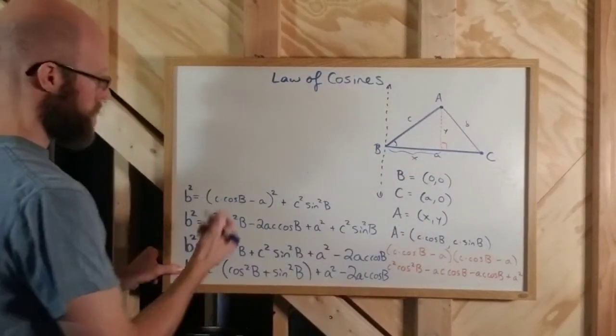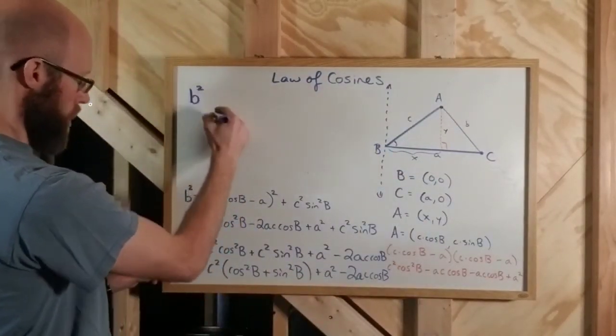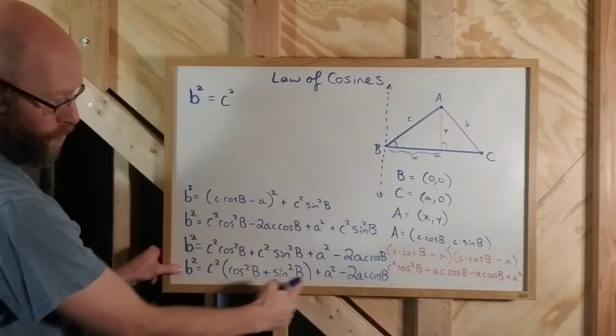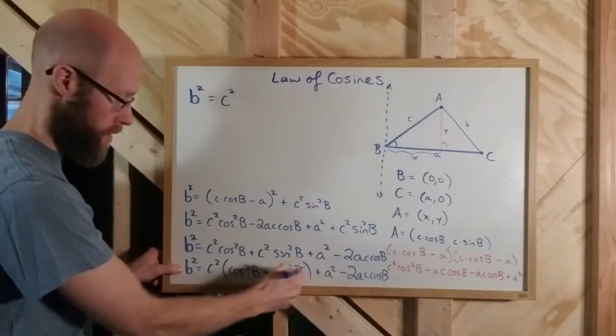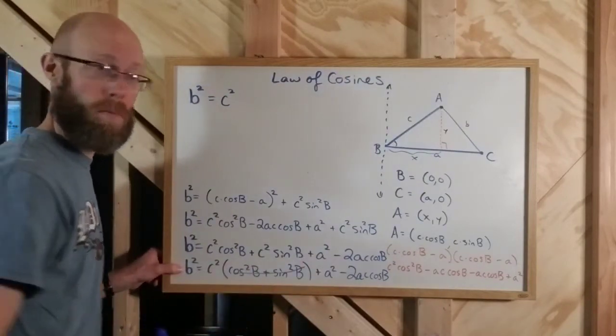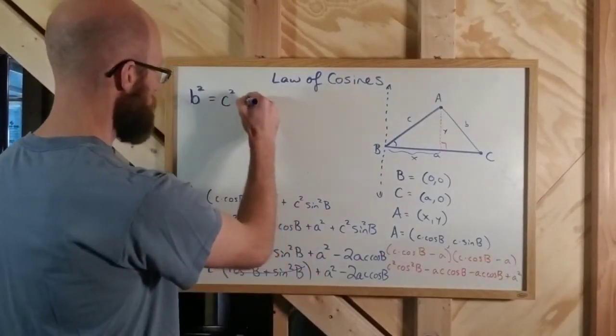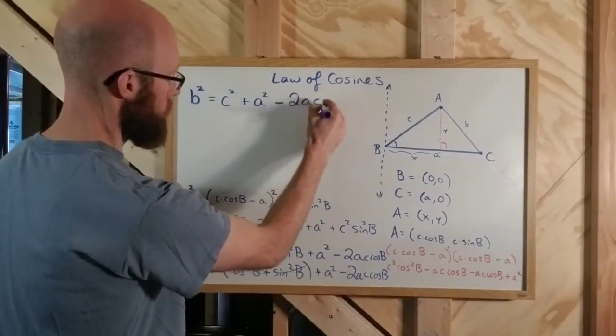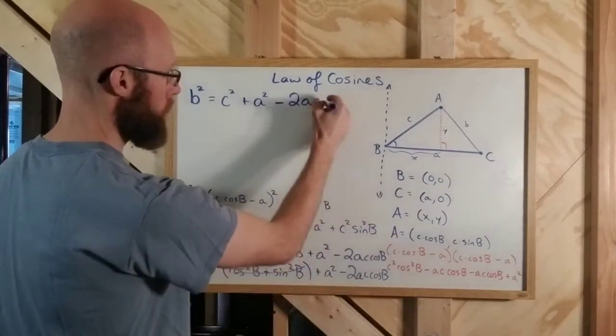And what I really have then is b squared equals c squared times 1, so I don't need that anymore, plus an a squared minus 2ac times the cosine of b.